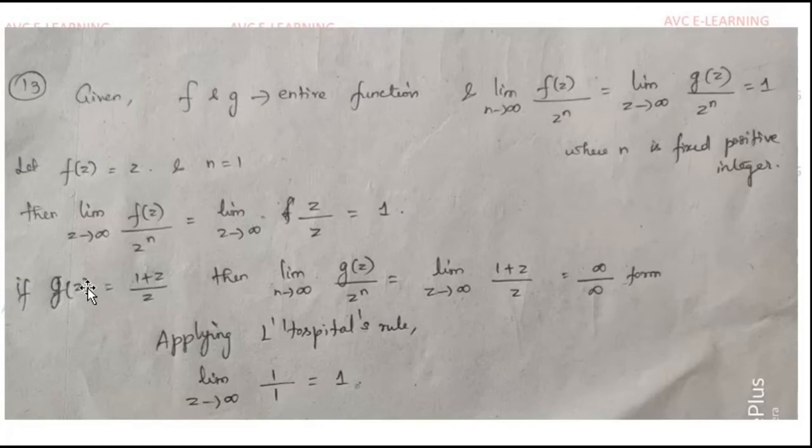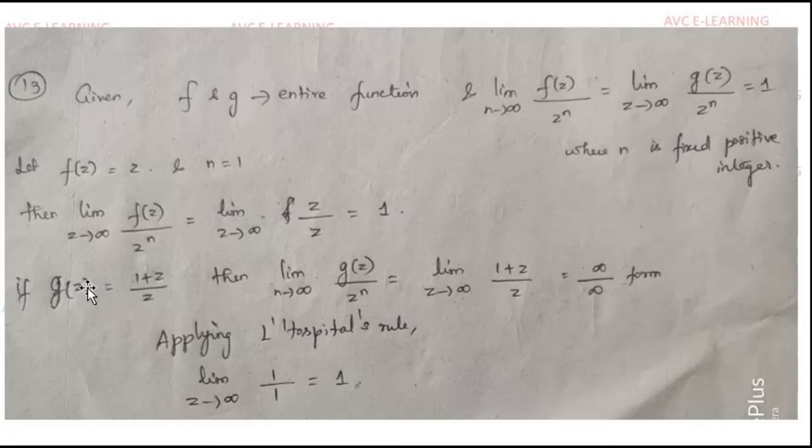Given f and g are entire functions and these conditions are given in the question. Let f of z is equal to z and n is equal to 1. Obviously z is an entire function. Then limit z tending to infinity f of z by z power n is equal to limit z tending to infinity z by z power n, where n is equal to 1, so z power n is equal to z.